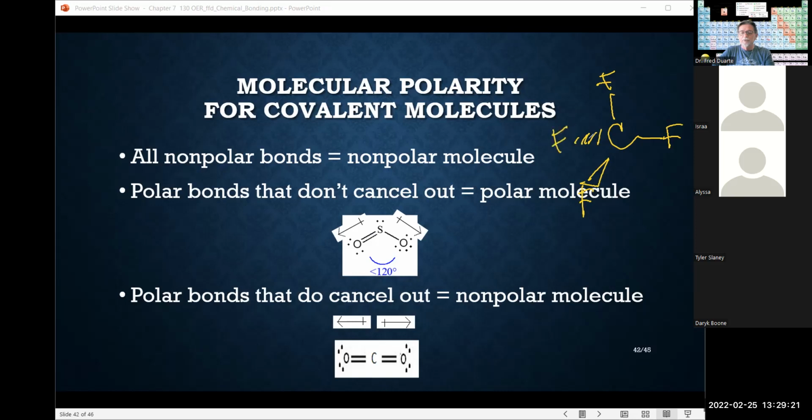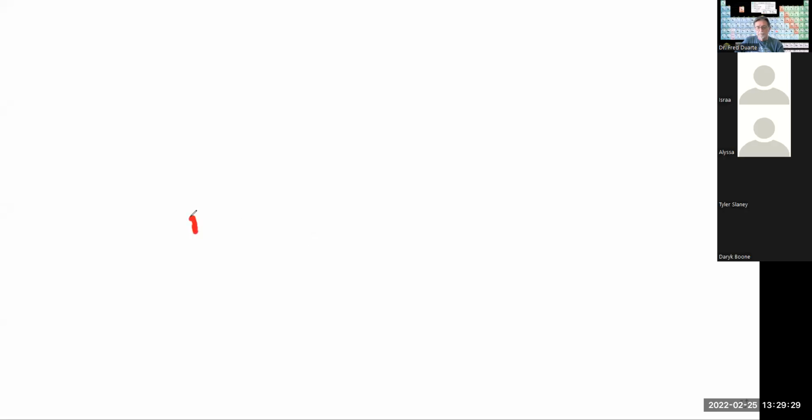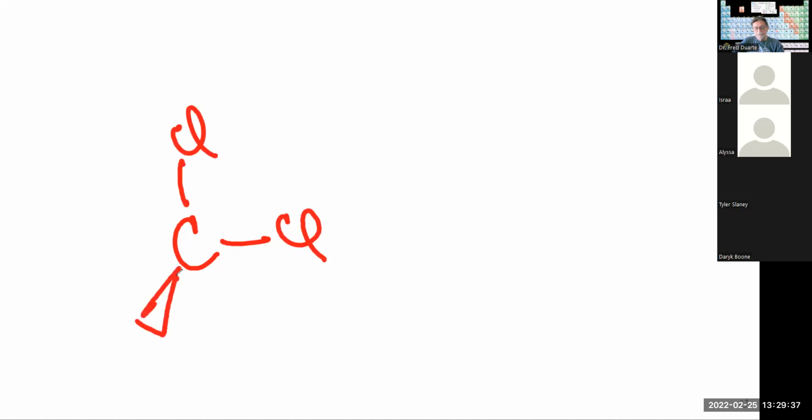Okay, and so better yet, let me do this. All right, so we have carbon, and then we say it could be chloride. Let's put chloride. All right. Now this wedge kind of represents that bond coming out of the screen, and then this hash mark kind of represents that bond going back into the screen, kind of give you a three-dimensional model.